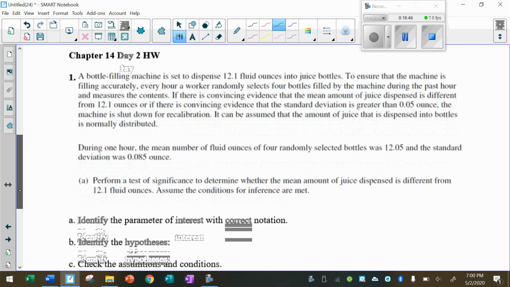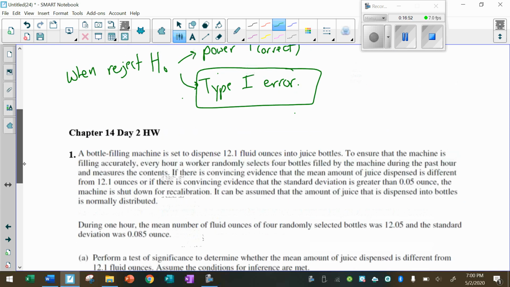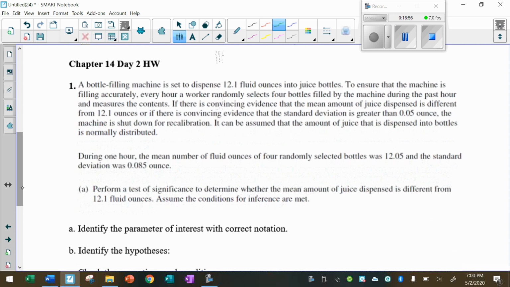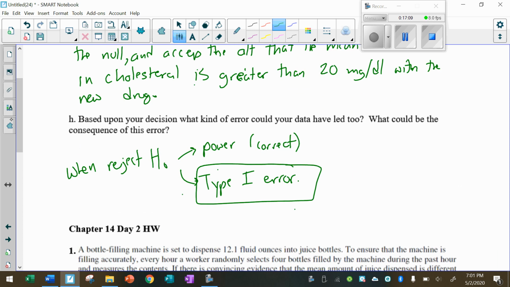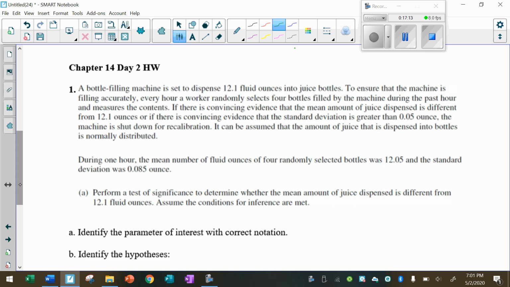All right, so here's what I would like you to do. The day 2 homework is this question. It's another test. I'm taking you through it step-by-step. I would like you to submit the chapter 14 day 2 homework with the chapter 14 day 3 homework in one email. So put it all together. If you're not ready to do a test yet, and you're like, man, I need to see another one, then watch the day 3 video before you try to do this homework.